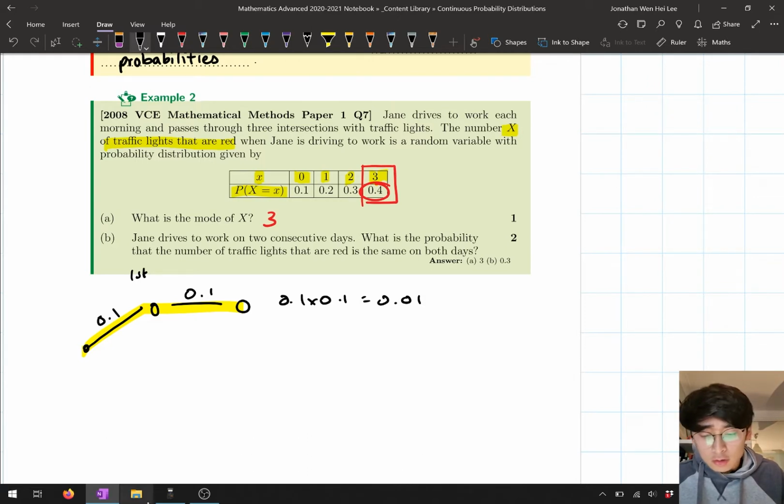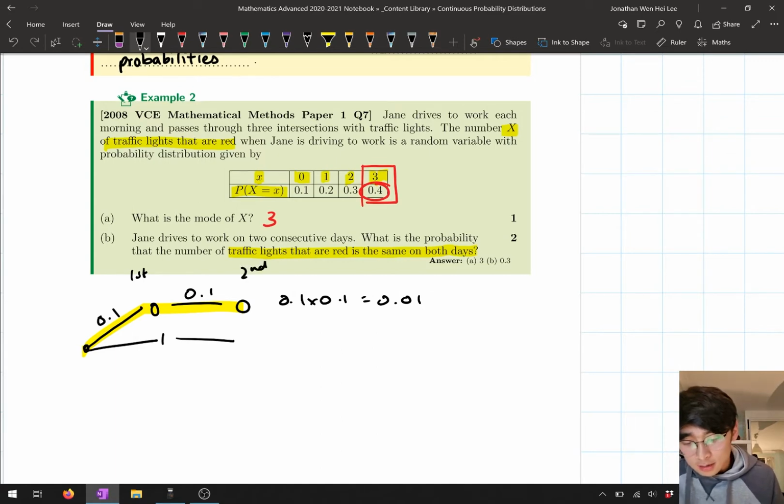But how else could we satisfy this condition? Well, we just want the same number of traffic lights on both days. So here, if she got 1 traffic light on the first day, then the favorable outcome for the second day is she also gets 1. So that's 0.2 and 0.2. So 0.2 times 0.2, which I believe will give you 0.04.